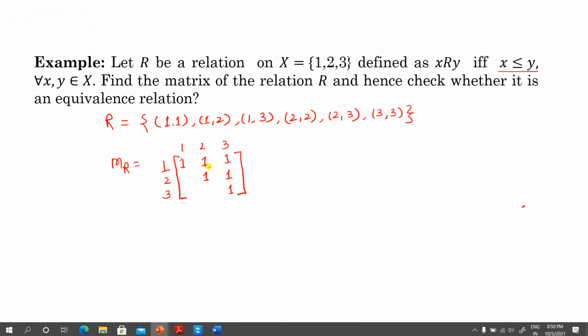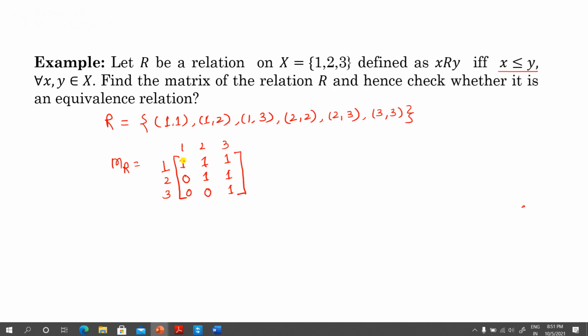So these elements are 1. All other elements will be 0. So this is the matrix of the relation R, which is defined in this way: x is less than or equal to y for all x, y belongs to X.